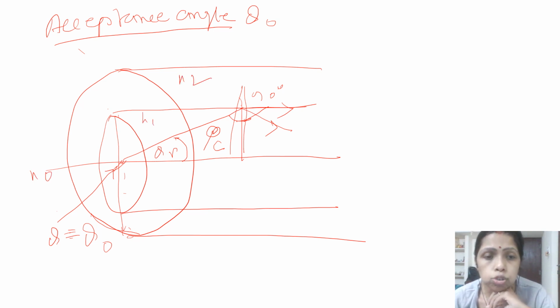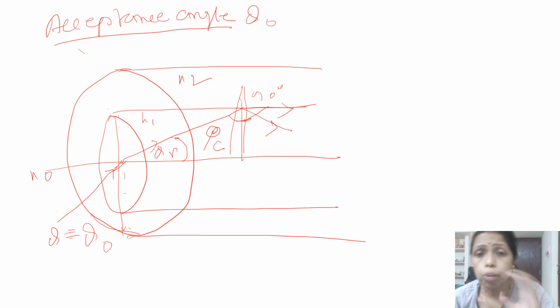Due to the difference in refractive index between eta naught and eta 1, the direction of the refracted ray from the interface between air and the core will change. Then when it falls on the core and cladding interface, how the light is reflected or refracted depends on the direction of the ray.